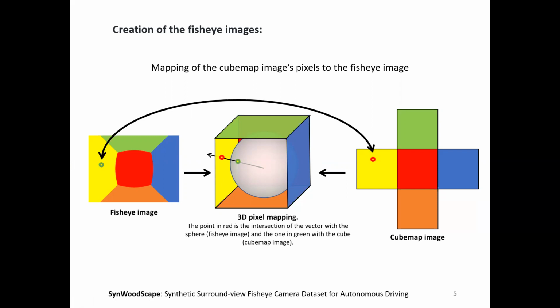Then, using ray tracing, we compute the intersections of these vectors with the 3D cube map representation. These intersections locate the coordinates of the corresponding pixels in the cube map representation in order to retrieve the associated pixel values. Using this process, we are able to construct lookup tables that convert cube map images into fisheye ones using the exact calibration parameters of the real cameras used to record the WoodScape dataset.